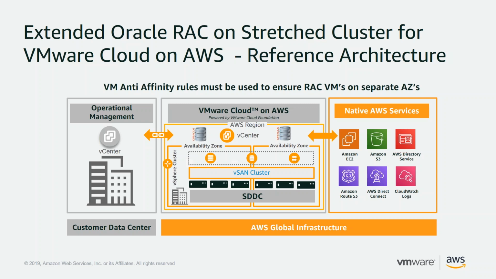An important aspect of any Oracle RAC configuration on VMware SDDC is to ensure that the Oracle RAC virtual machines are not scheduled on the same physical ESXi server, because it negates the HA proposition that VMware SDDC has to offer. That is, the infrastructure level HA provided by VMware SDDC to complement the application level HA provided by Oracle RAC.